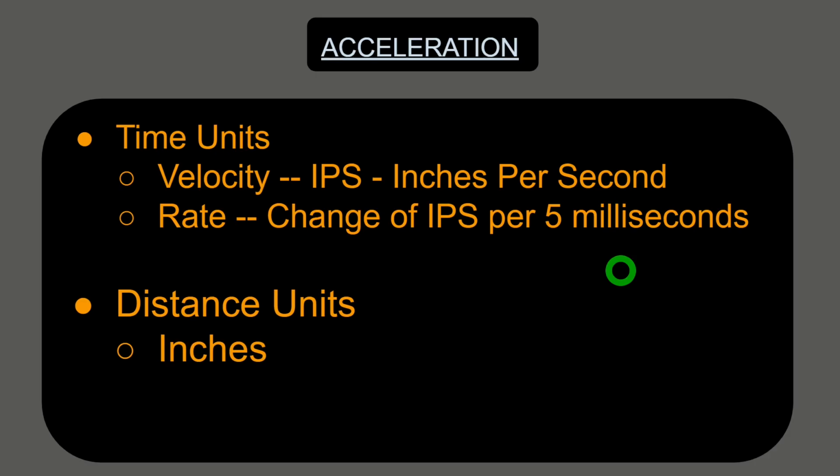Over in Europe, it's kilometers per hour, etc. We're dealing with inches per second, or if you want a metric equivalent, that would be 25 millimeters per second. So that is our velocity, inches per second. Our rate is our change of inches per second every 5 milliseconds.